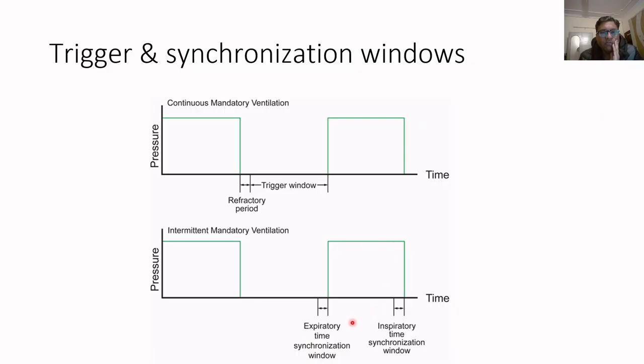This gives rise to a synchronized breath, but it is still a mandatory breath. This is a short period. Some ventilators also have a synchronization window at the end of inspiration, where the patient signal can be used to cycle off inspiration and go into expiration.